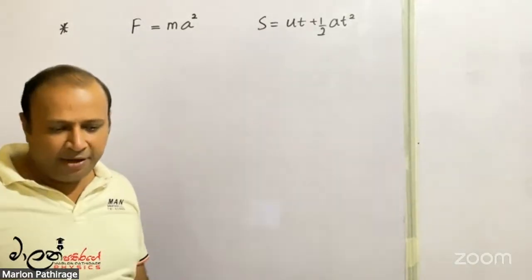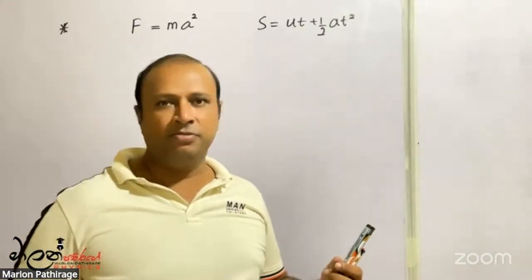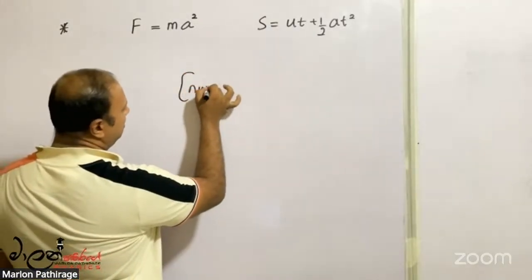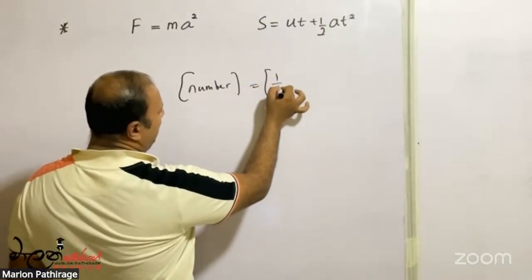Numbers do not have dimensions. Number means just a number. Half is a number.